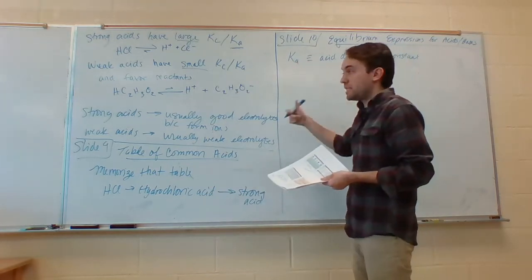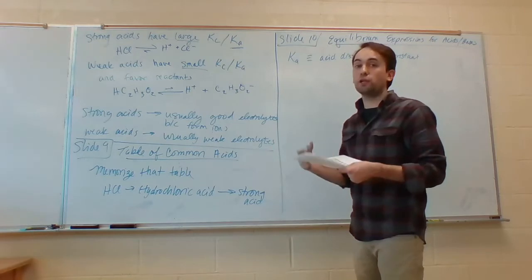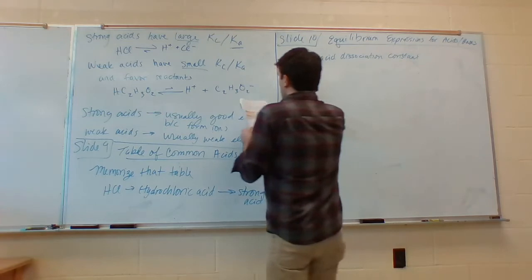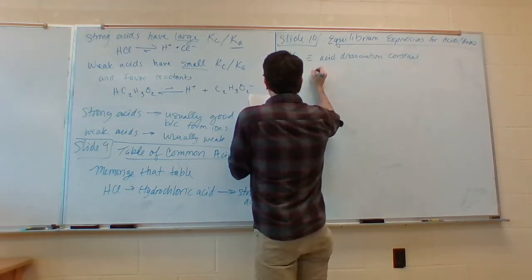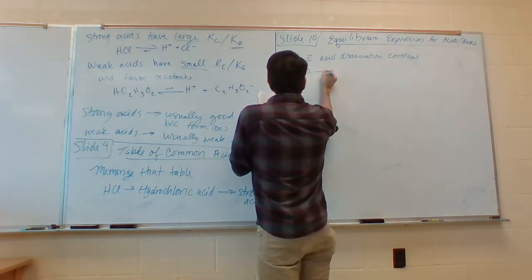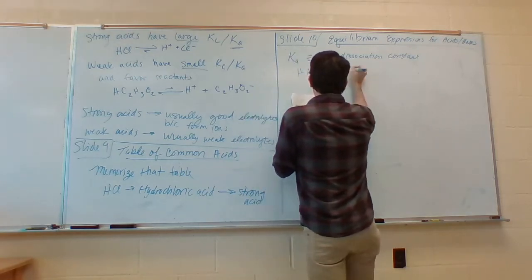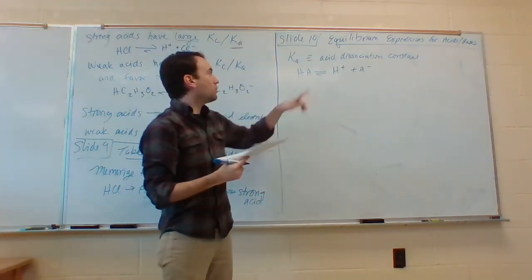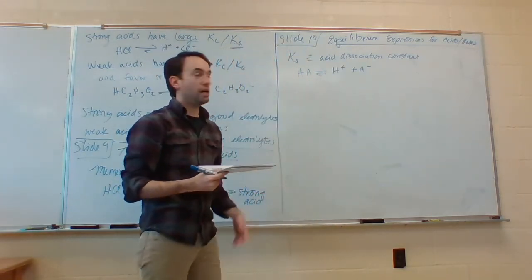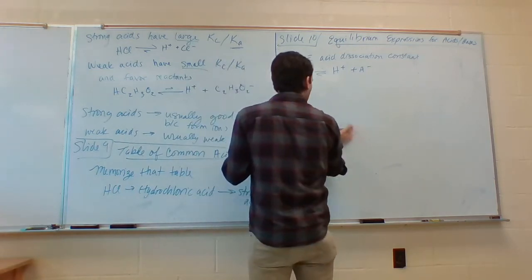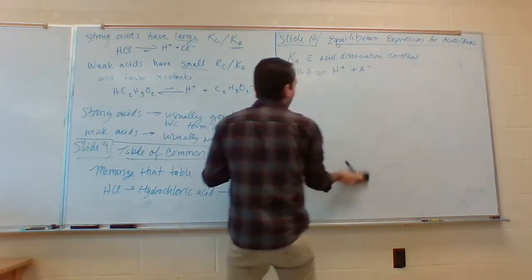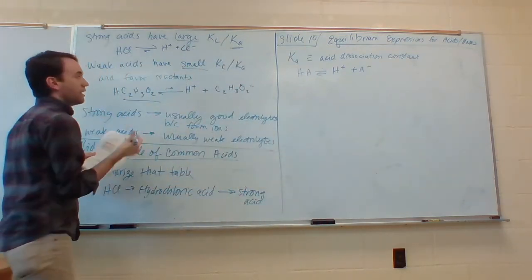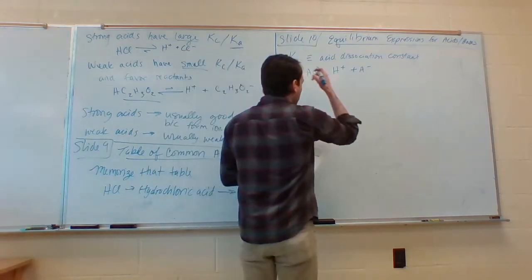A Ka for acetic acid at a specific temperature would usually be given to you, or you'd have to determine it, but it is going to be a constant. Let's say we have some general acid HA in equilibrium forming H+ and A-, where A- is just what's left over from our HA molecule. In the case of HCl, the A would be the Cl. In the case of acetic acid, it would be the acetate ion.